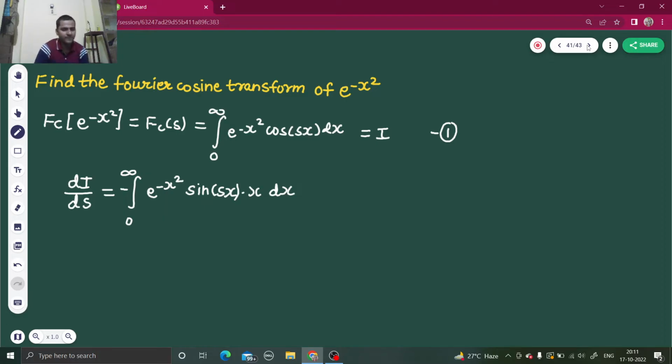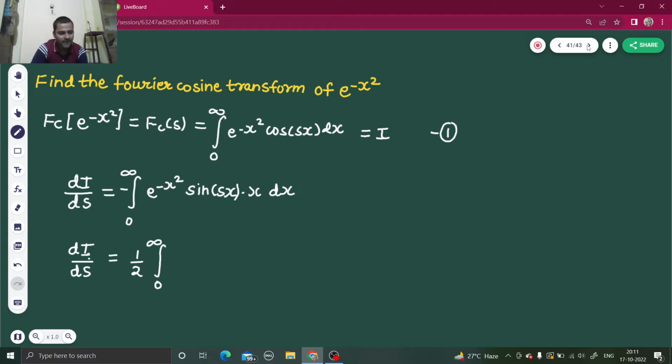Now I will manipulate this integral a bit. So dI by ds is, what I am doing is trying to generate the derivative of e power minus x square with e power minus x square. So how will I do that? If I multiply and divide by half, I will take minus sign inside. So multiplication by half and multiplication by 2 and division by half.